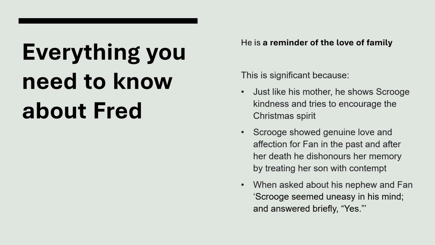Now, Scrooge showed genuine love and affection for Fan in the past. What's really interesting here is that he loved his sister, and it's very clear from the past that he cared for his sister, and he's excited to see her when he goes into this flashback. However, he dishonors her memory completely by treating her son with contempt, with hatred, with rudeness.